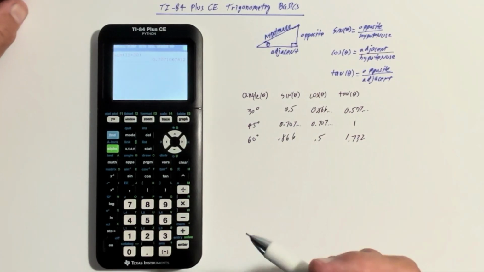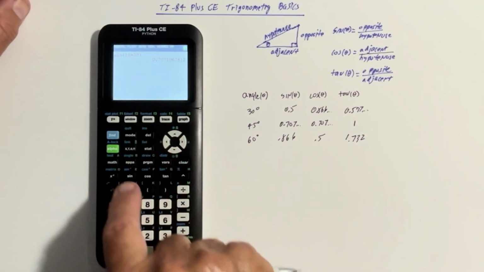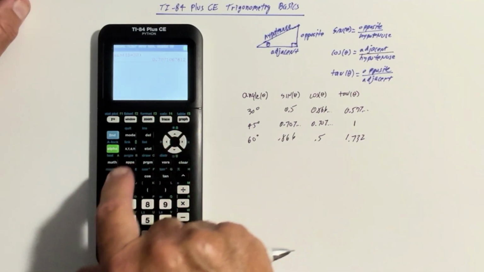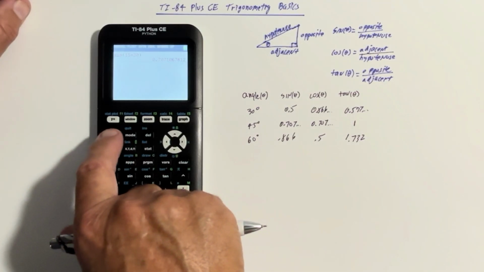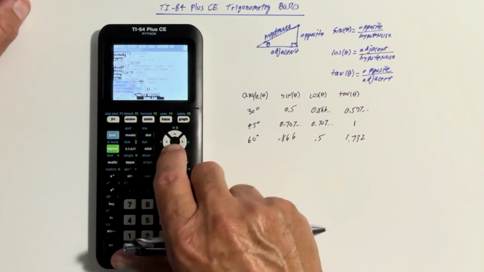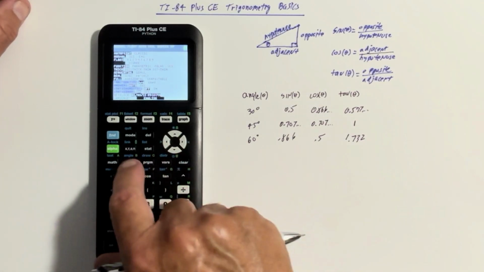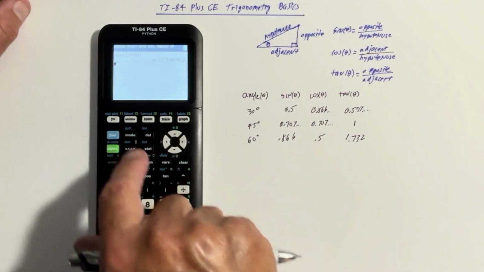Now, one of the common mistakes you could make, let's do this again. Let's take the sine of 45, and now let's put it back into radians and see what happens. Okay, there's the radians. Hit enter. Second mode, get out of that.